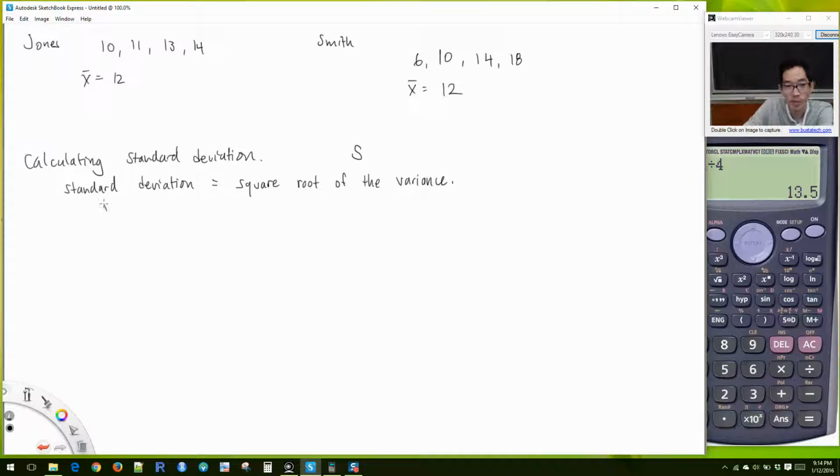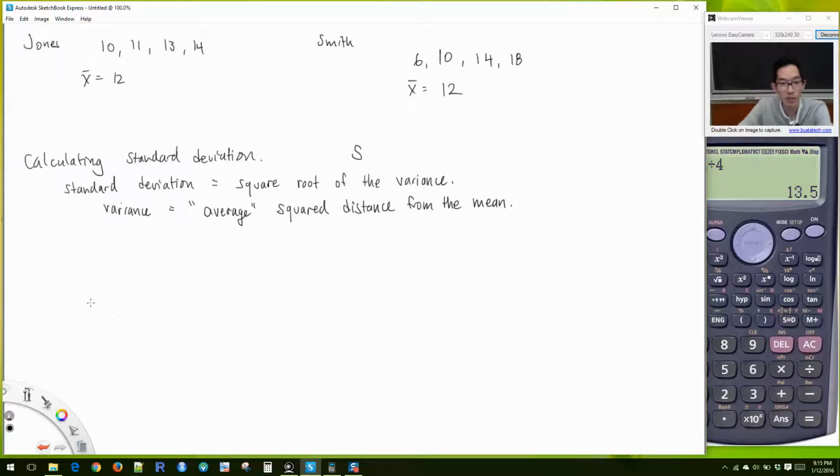And the variance can be thought of as the quote-unquote average, and I have average in quotes here, and you'll see in a moment why, squared distance from the mean.